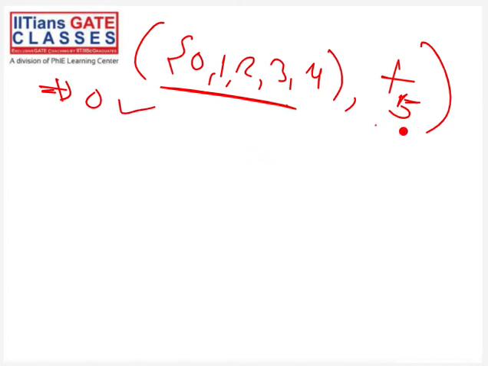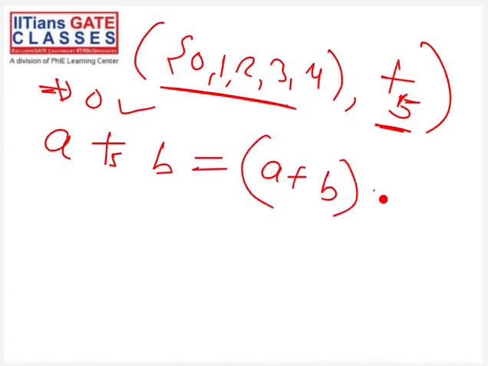Remember, the operation is not plus. The operation is plus modulo 5. So if you have a and b, and you apply plus modulo 5, the result is not a plus b, but (a plus b) mod 5. This is different from plus.